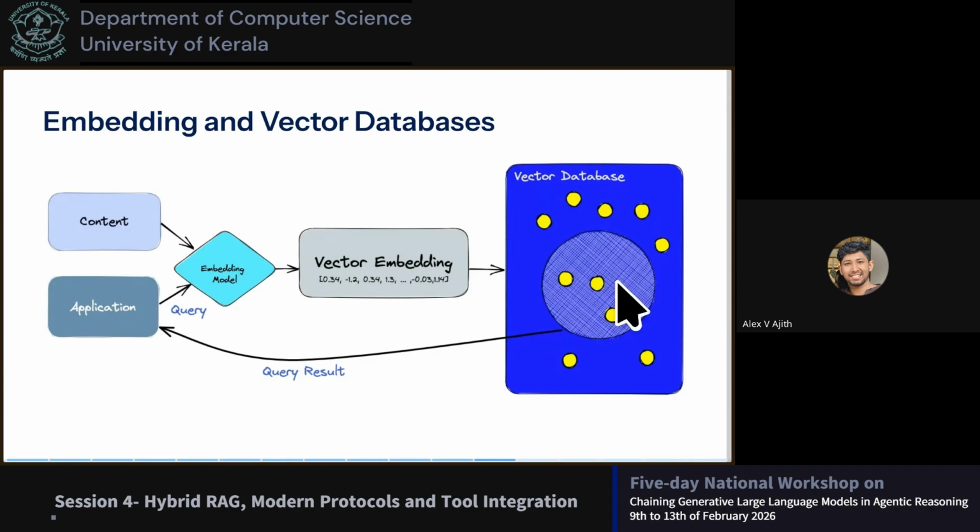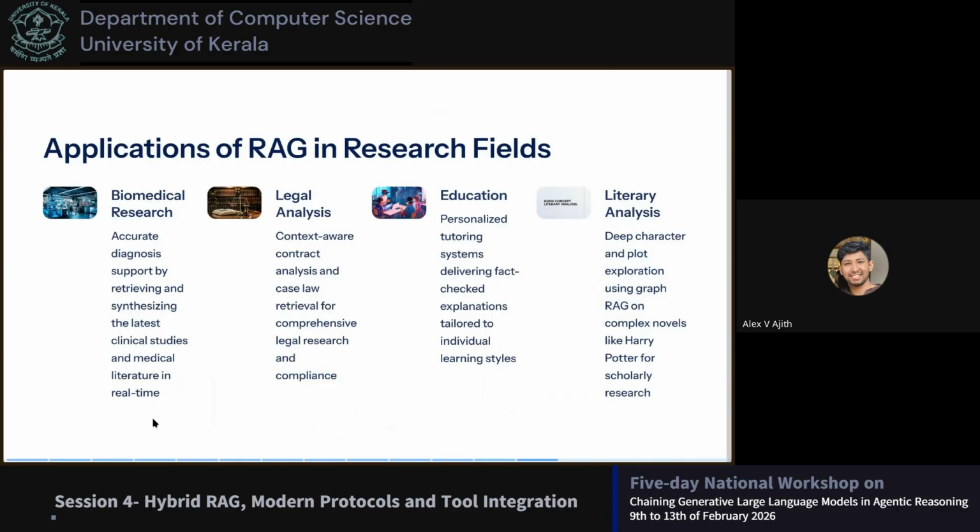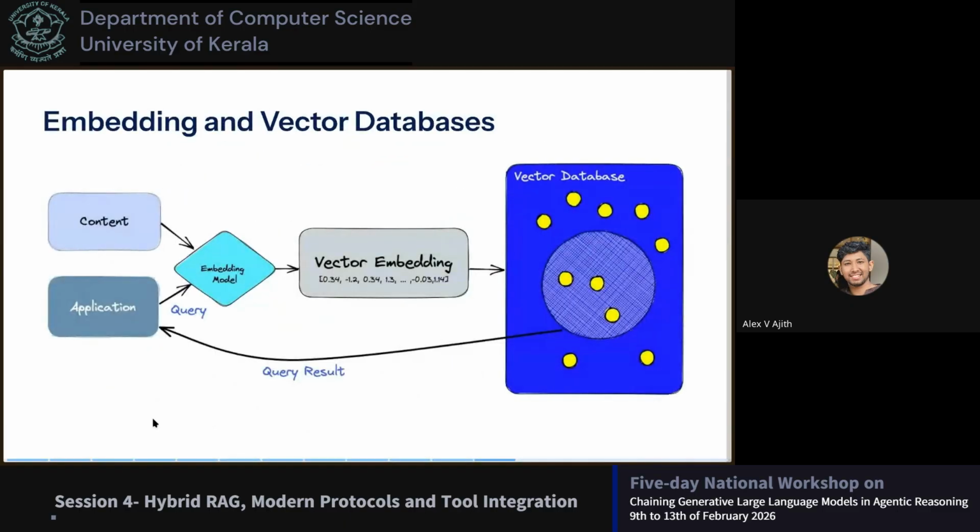Once the relevant chunks are retrieved based on the search, like this circle represents, that particular query result will come back to the application. The LLM will infer the response and give you an augmented generation. That's the working of how LLMs and vector databases are bound together, giving you the programmatic angle of how it works.